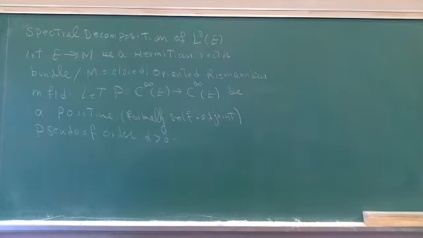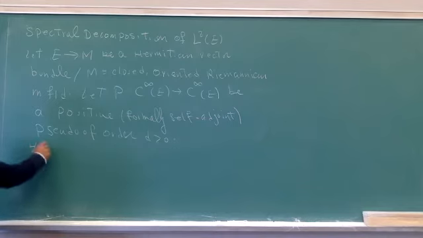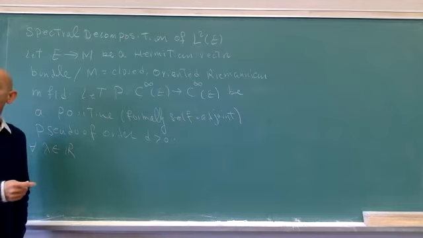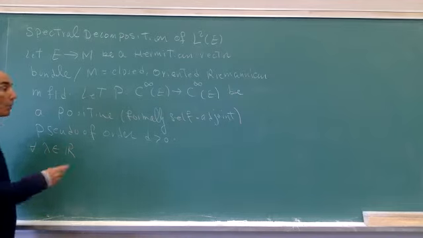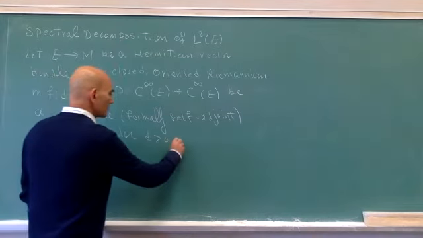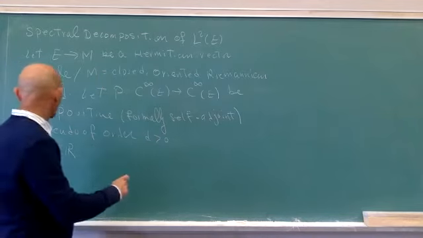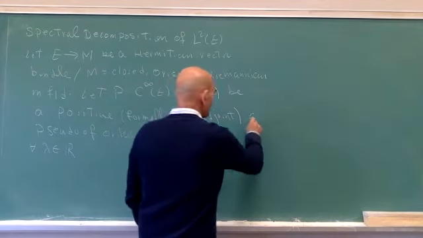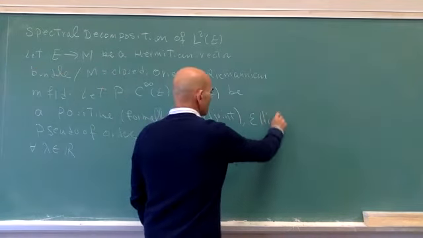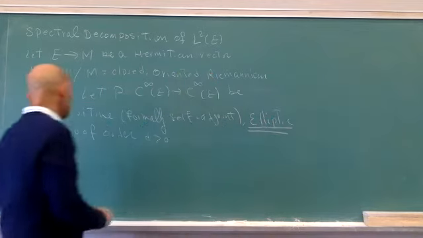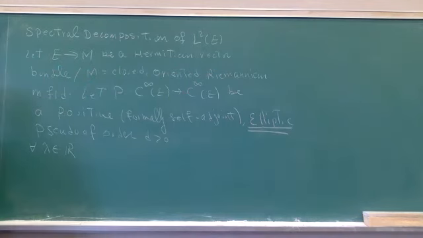Now, for any lambda belonging to R, of course, this P minus lambda is also elliptic. So I should say positive self-adjoint elliptic pseudo-differential operator of order D positive.